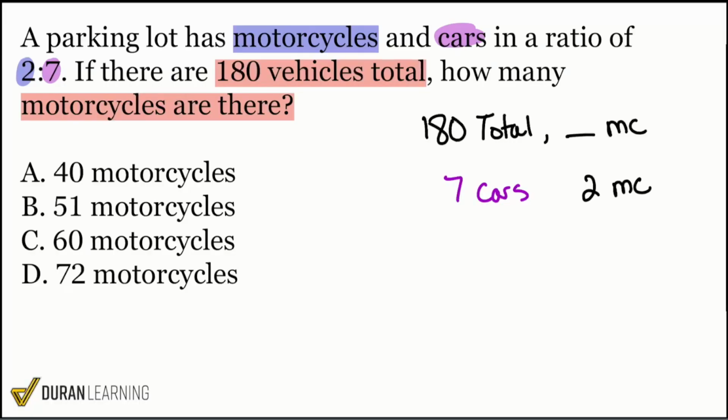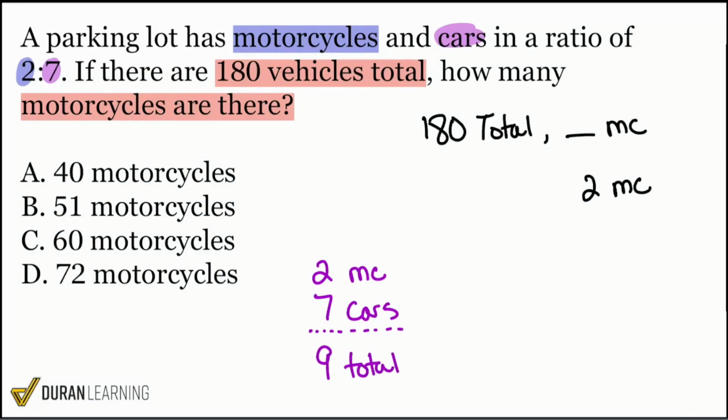Instead, everyone, remind me one more time. What belongs here? What word? Yeah, total. Total, everyone. So think about it. Help me out. If we have 2 motorcycles for every 7 cars, what is that total? 2 plus 7, that gives us 9.